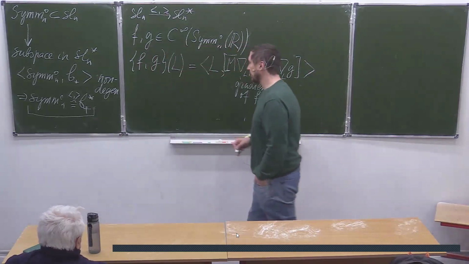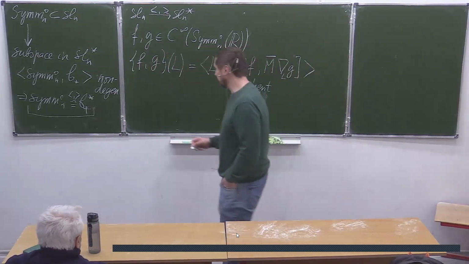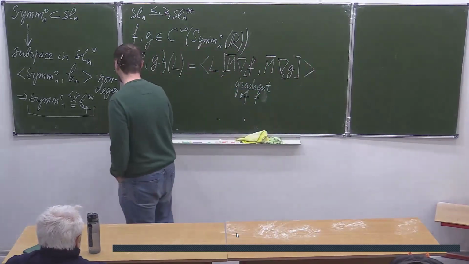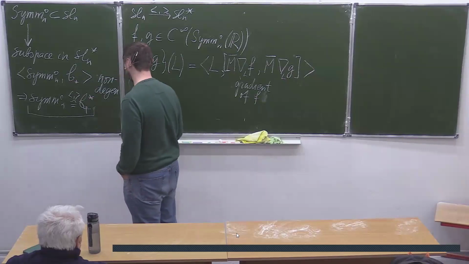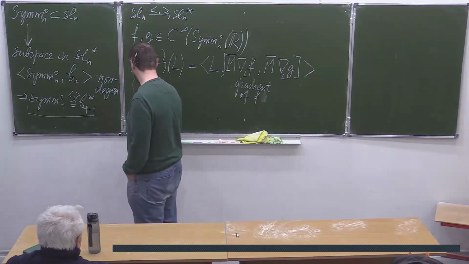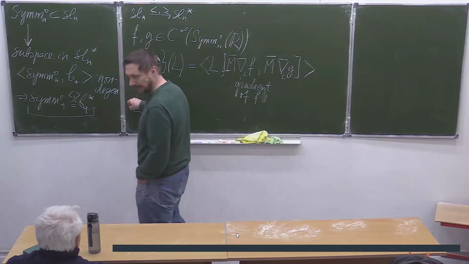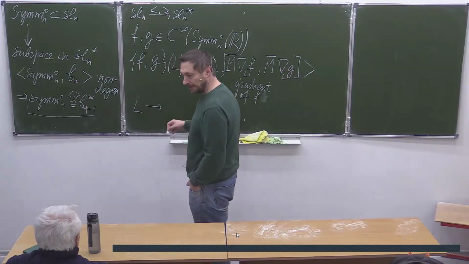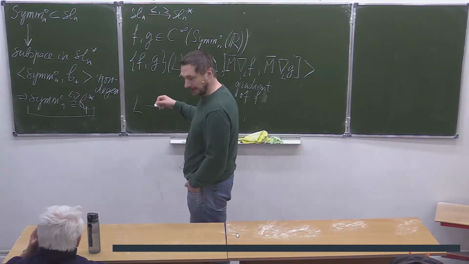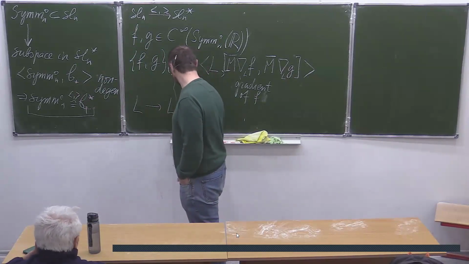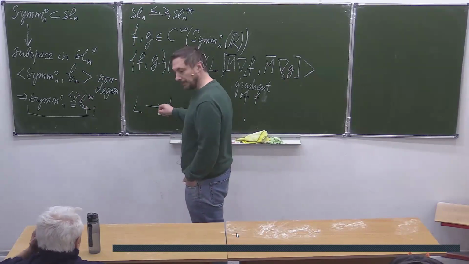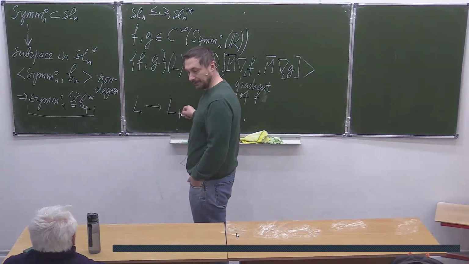You see, because what is this pairing between symmetric matrices and upper triangular matrices? It is just when you take L and cut it, take the upper half of it, and take the usual pairing, the same pairing as we had before, with upper triangular matrices.